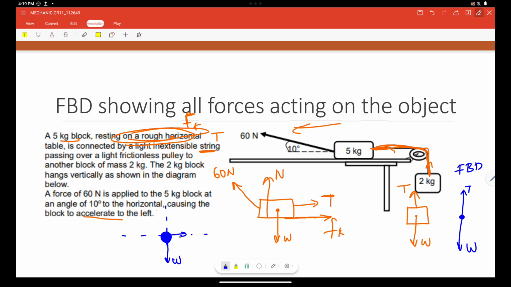I'm also going to have kinetic frictional force. I also have normal force, perpendicular to and pointing away from the surface. And lastly, I have the force applied, which is somewhere there at an angle. So I'm going to say force applied.